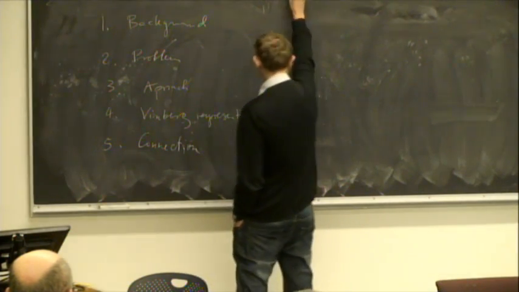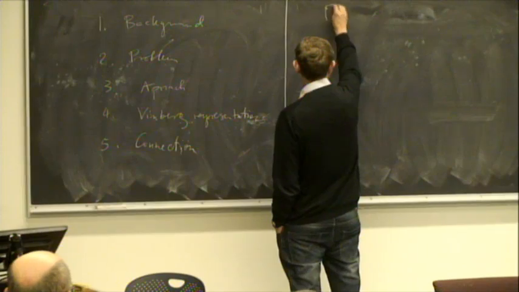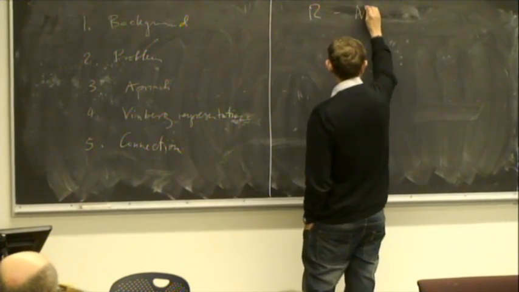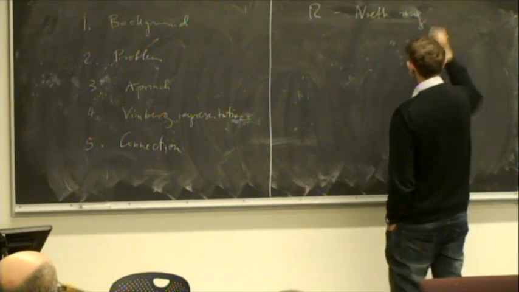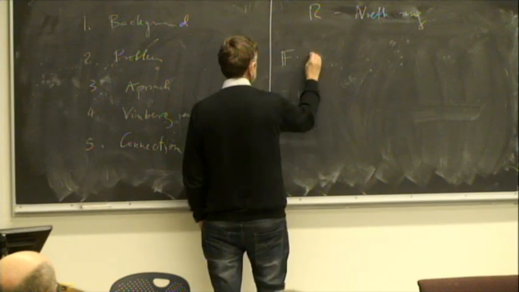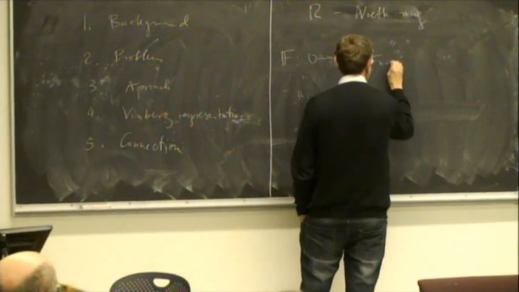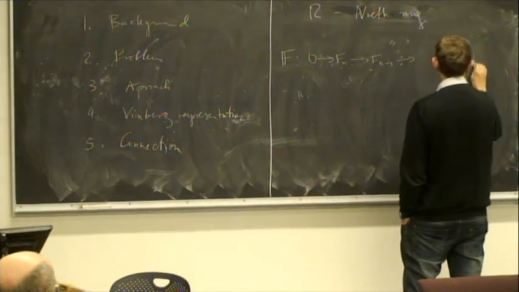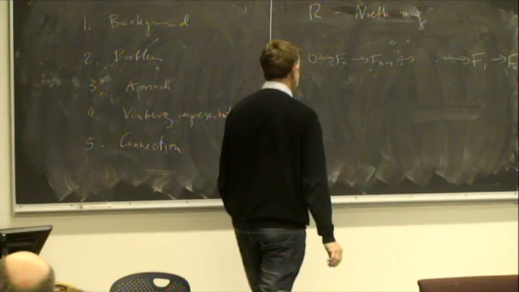So R will usually denote a Noetherian ring, commutative, and we'll talk about free resolutions. So complexes F, where F_i are free modules of finite rank.